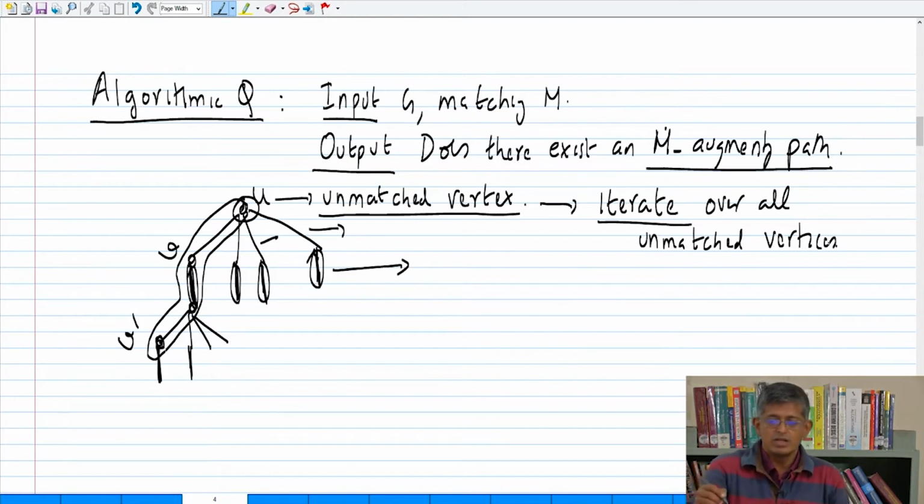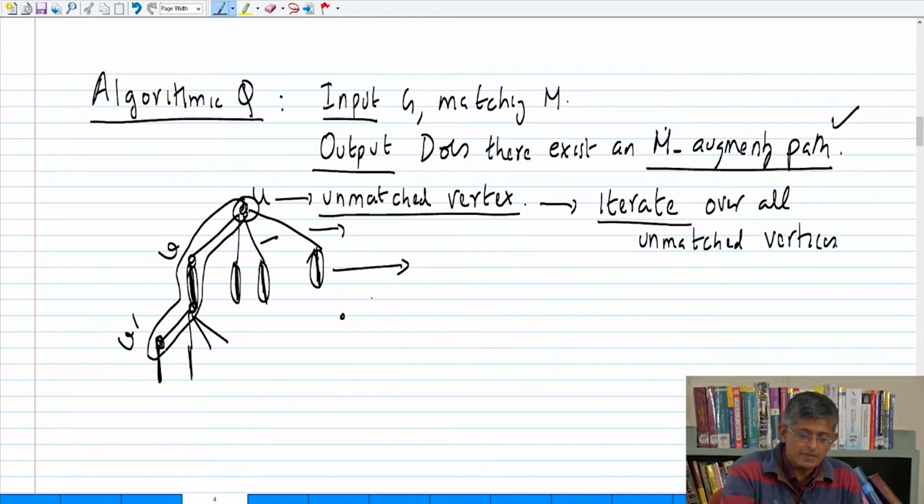Fine. So therefore, this algorithm, I leave the analysis of the running time as an exercise to you. Clearly it's polynomial time, because it's like a modified BFS, but write down the best possible analysis. But now the question is, are augmenting paths the only way of increasing the size of the matching? We've answered this question, we've given a polynomial time algorithm, and let's continue with our graph theoretic thread.